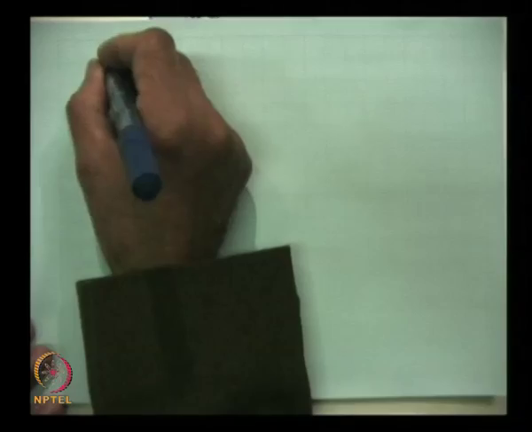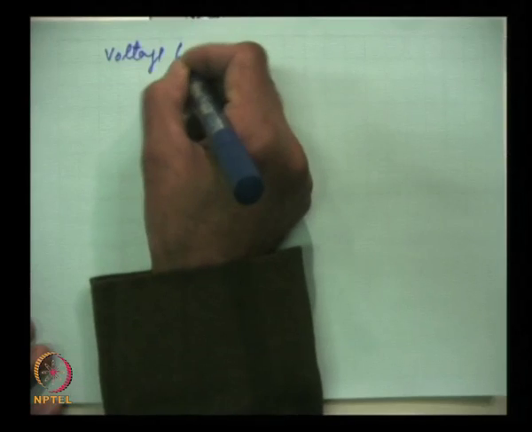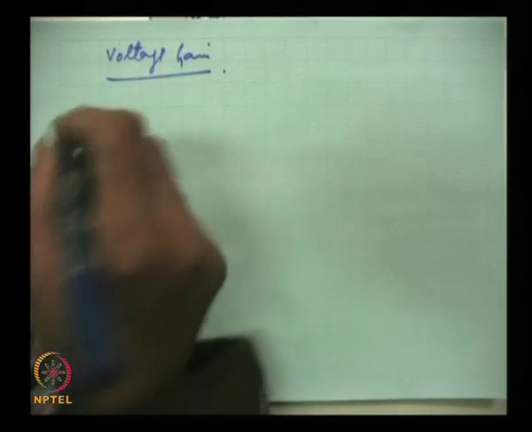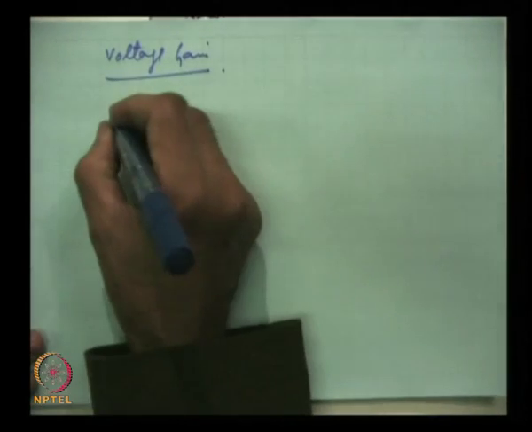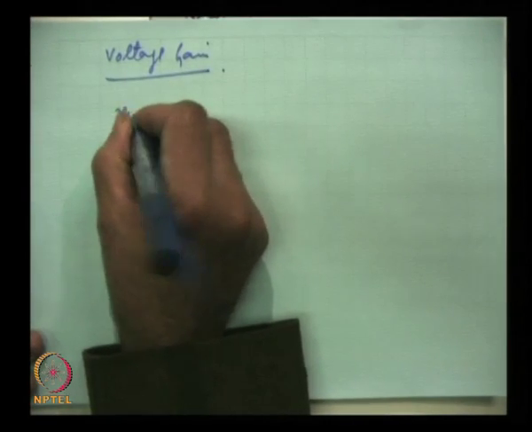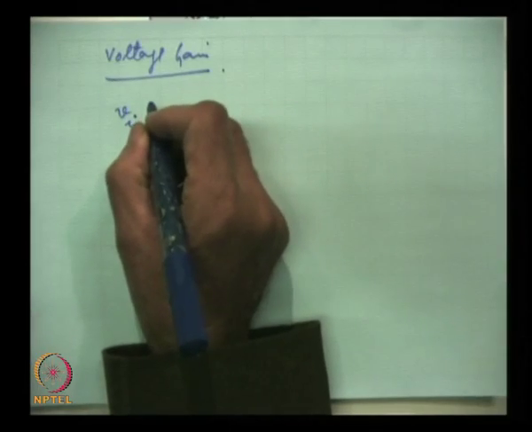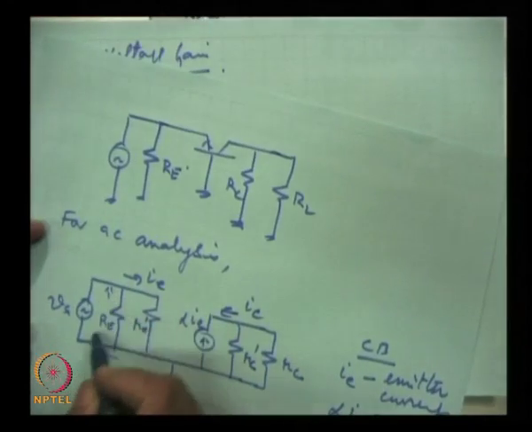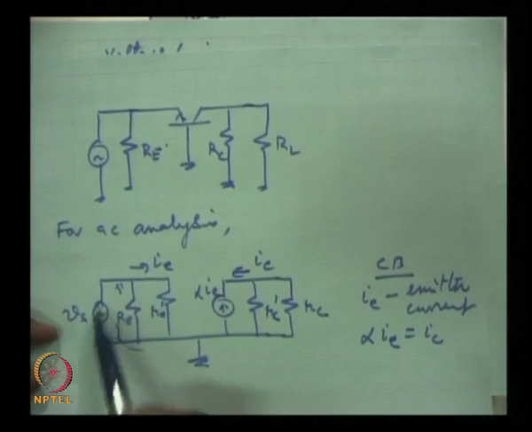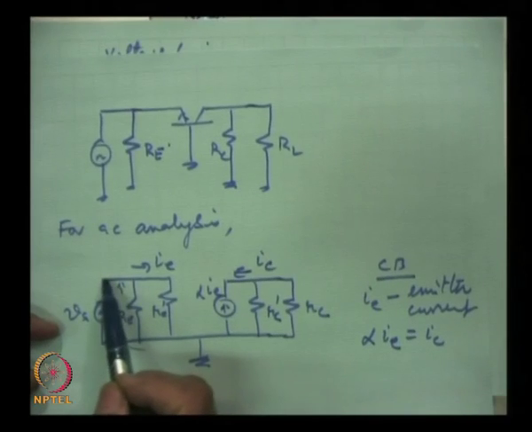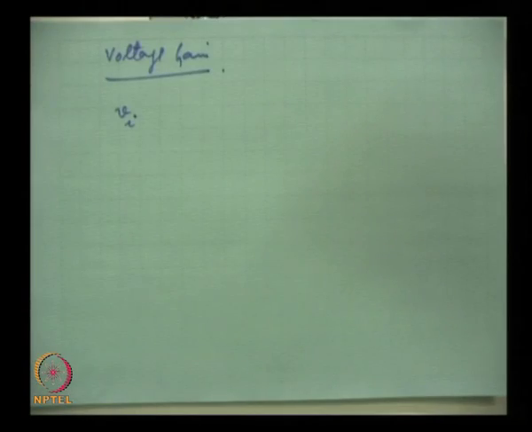Then the voltage gain. You will see the voltage gain from here. V I is the input. If we neglect the source resistance, then V I and V S will be the same, otherwise there will be some drop across V S, and that we are neglecting.